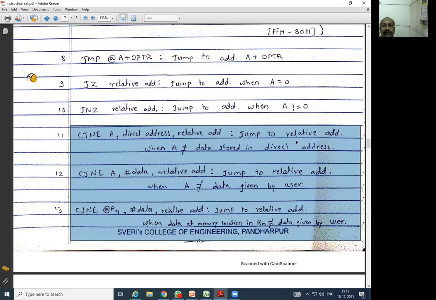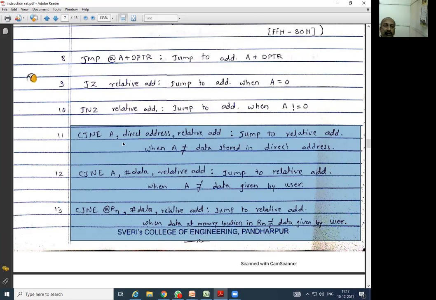So it means jump to the relative address when A is not equal to, because NE is here. NE stands for not equal to. CJ stands for conditional jump. Which condition has to be checked? It has to check the data in A and the direct address.